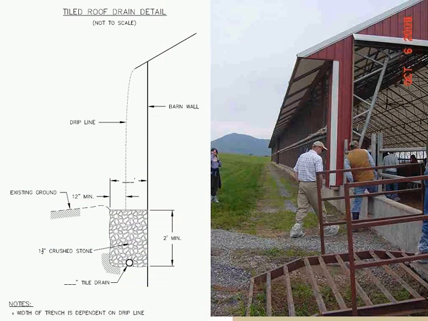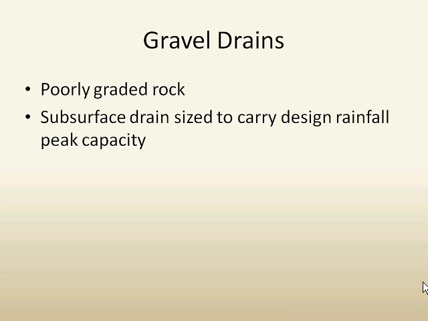And here's what it looks like from a different view. You've got the subsurface tile drain at the bottom of about 2 foot of gravel. And the gravel is poorly graded so that the infiltration into that gravel is very high, and that should not be a limiting concern.